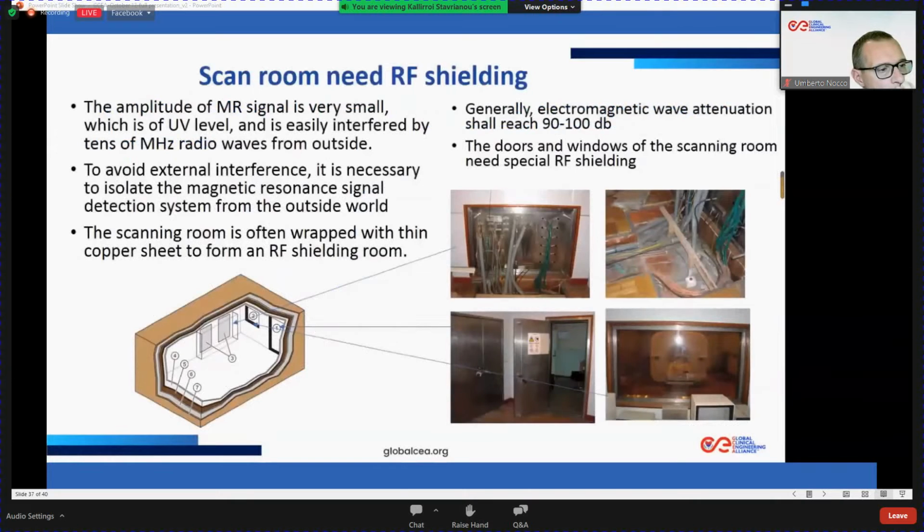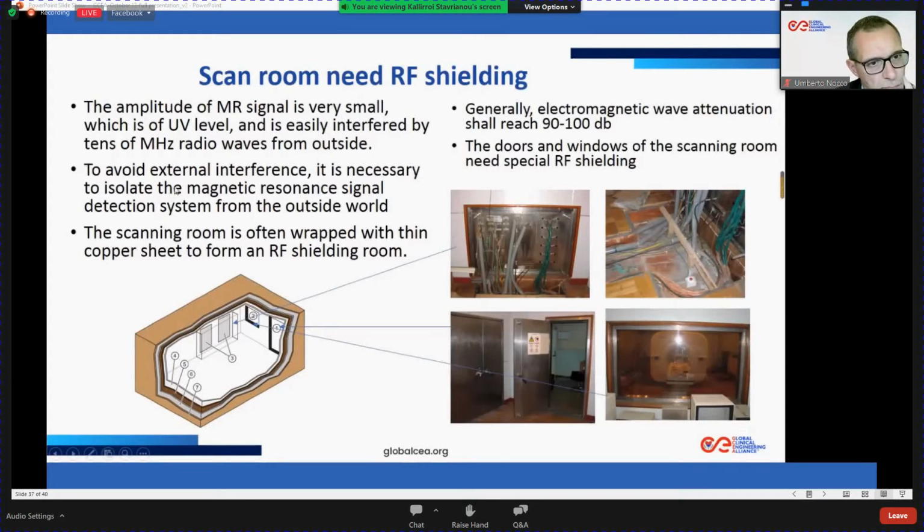And also this scanning room needed RF shielding. The amplitude of the MRI signal is very small and very sensitive, easily interfered with by the MHz radio waves from outside.